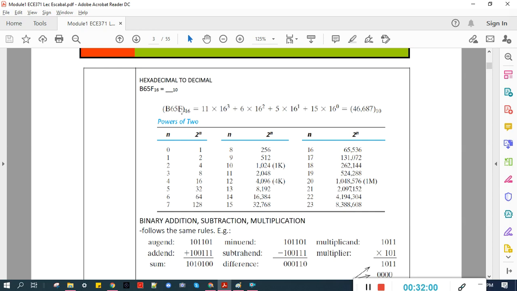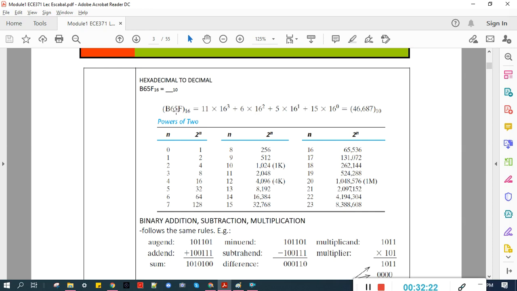So the exponent here is 0. For F, it's 0. Remember that F is 15 in decimal. So instead of writing F here, I wrote 15. 15 times 16 to the power 0.